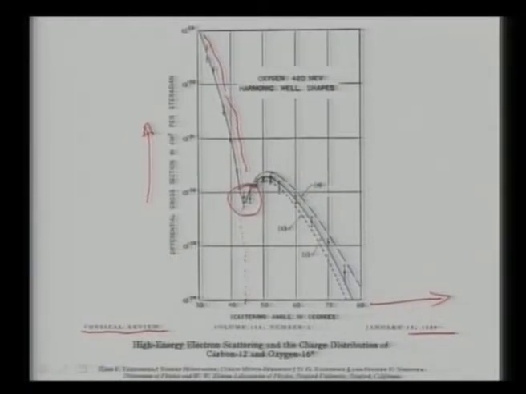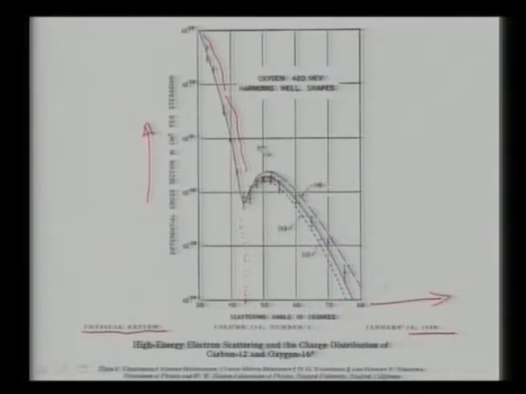So, this minimum occurs at this particular angle, 43 degrees or 42 degrees or so. The number of electrons is less, and if you look at 45, 46, 48, 50 degrees, you find that the number again increases, and then it goes through a maximum and then keeps decreasing. So, you have a minimum at around 43 or 44 degrees, and then it decreases.